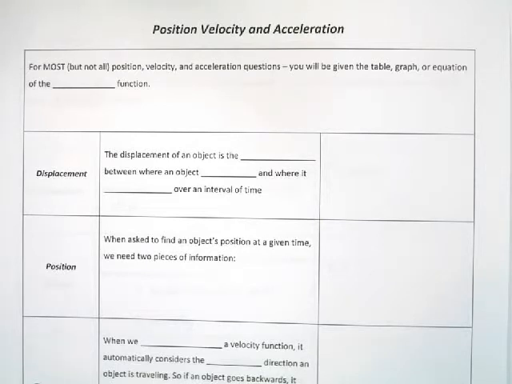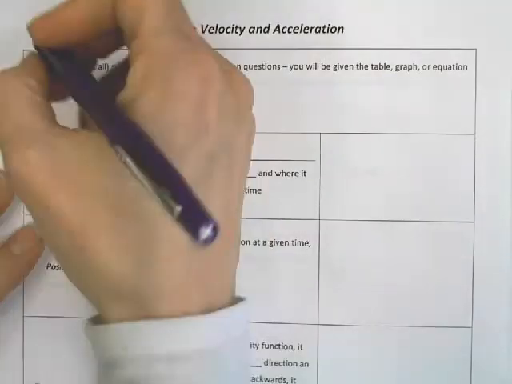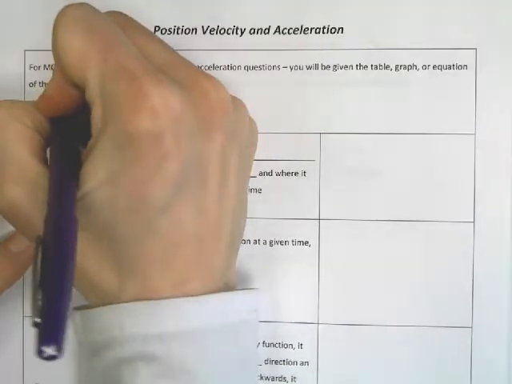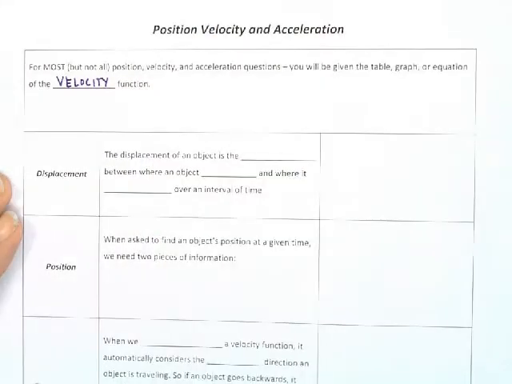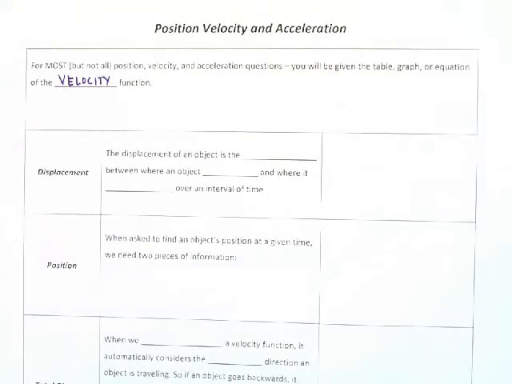However, at this point, for most of the problems that we're going to look at around position, velocity, and acceleration, we're going to be given information either in the form of a table, a graph, or an equation, but we're going to be given that information about the velocity function. So our starting point for these problems is going to be a little different.